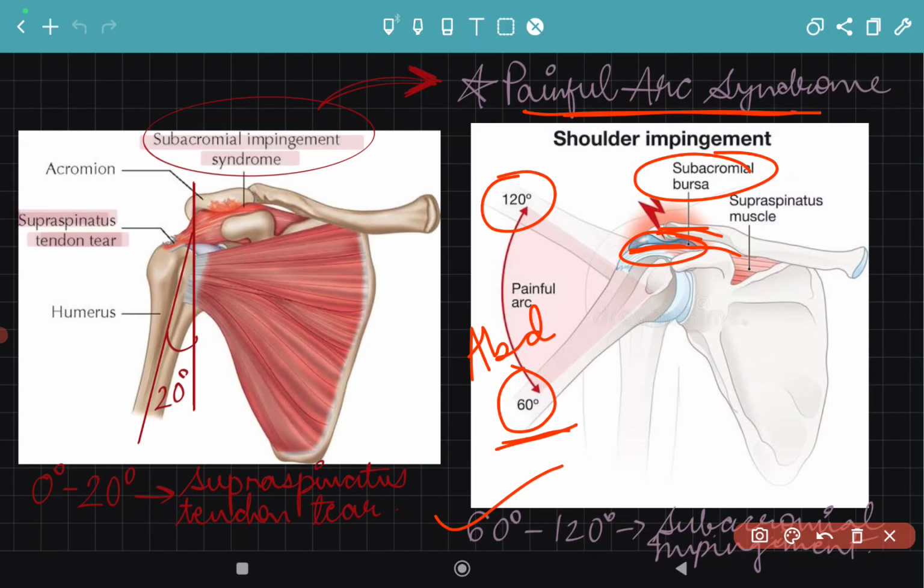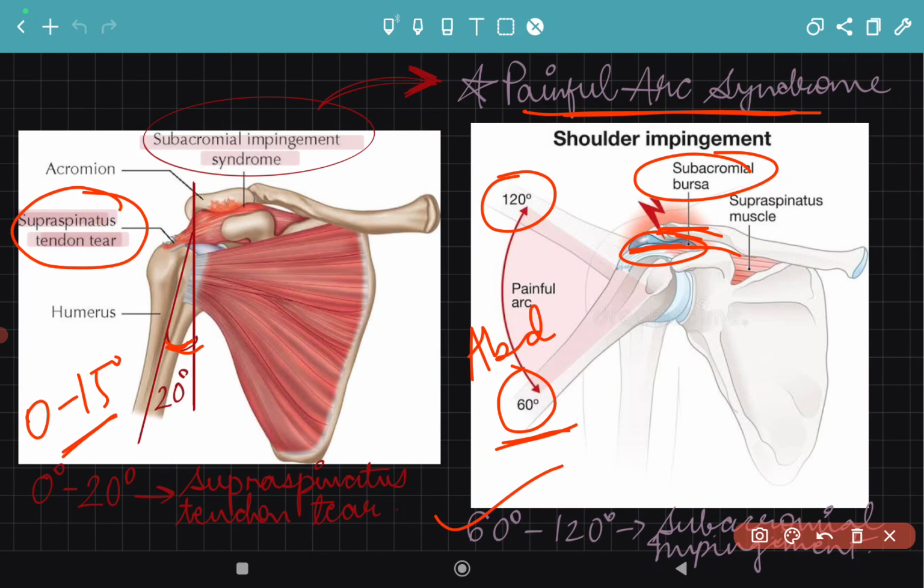Whereas if there is supraspinatus tendon tear, how will we come to know? The patient with a complete tear or maybe partial tear will have difficulty even in initiating the shoulder abduction, as the supraspinatus has its action to perform 0 to 15 degrees, or 20 degrees might be considered. So that much, 0 to 15 degrees of shoulder abduction.